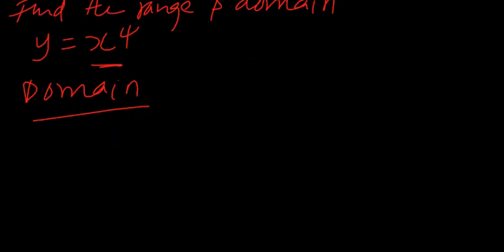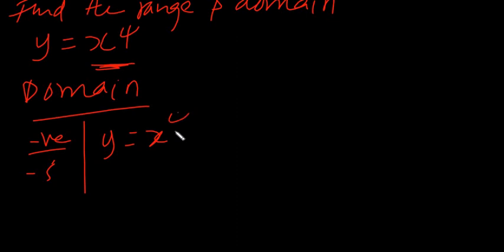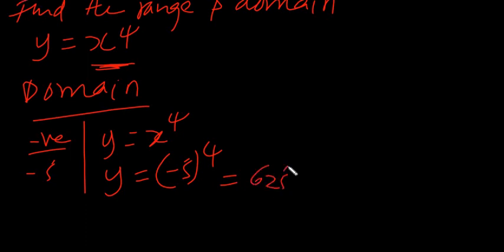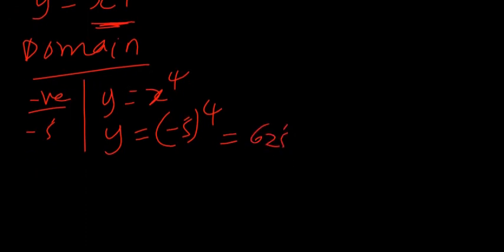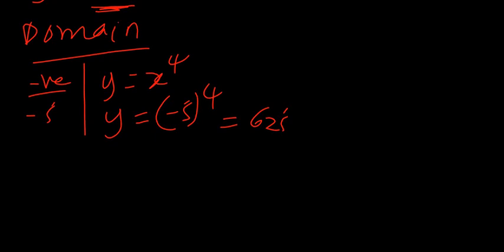If I take any number, let us start with the negative side. If I take a number, say negative 5, and I replace it in my equation, which is y is equal to x raised to 4, in this case it will be y is equal to negative 5 raised to 4. You'll get 625.